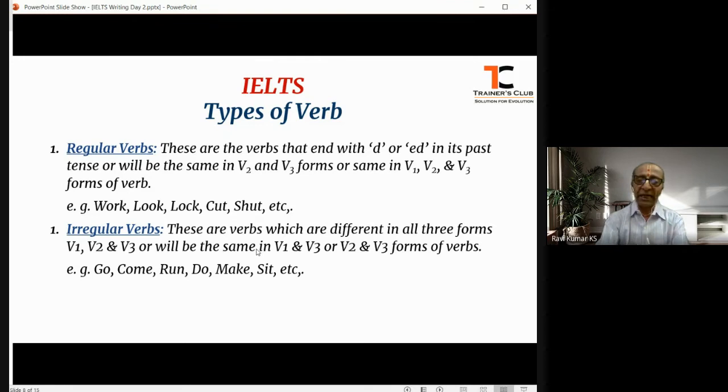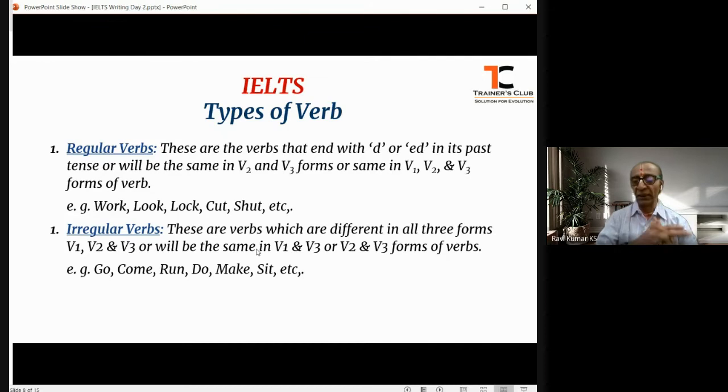So ed is added to these words. Whereas cut, shut and all, they never change. It is not cutted or shutted or putted. It is the same even in the past tense or in the present tense. That is, cut remains as cut, shut remains as shut.